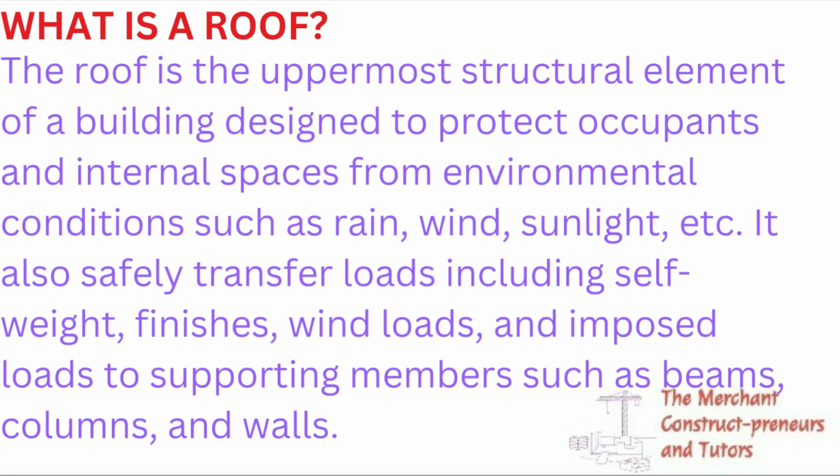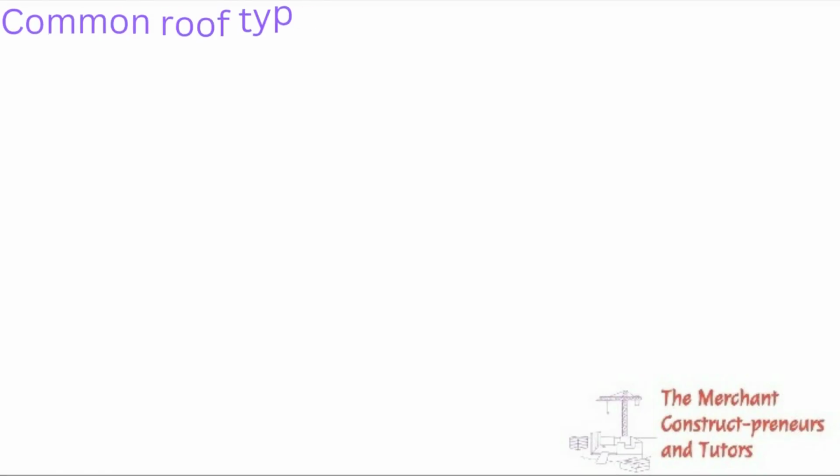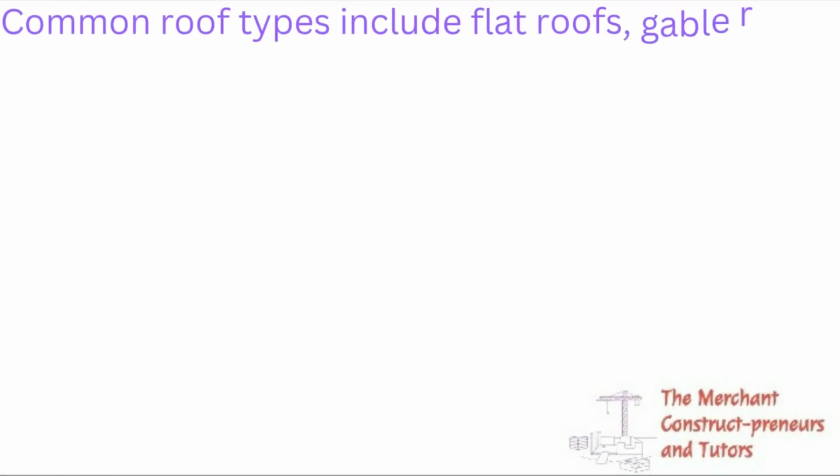First, it protects the humans from the environmental conditions and also protects internal spaces. Then the next thing is to transfer the load, including self-weight, to supporting members like the roof beams, the columns, down to the foundations. If you have a wall, it also transfers to the wall, depending on the configuration of your building, right?